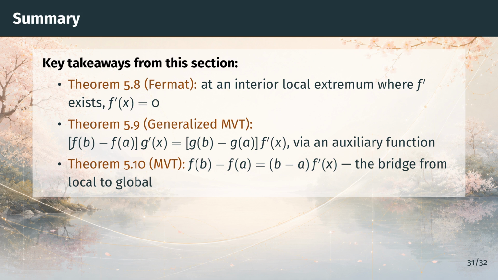Third, the mean value theorem itself, obtained from the generalized version by taking G to be the identity. Somewhere inside the interval, the instantaneous rate of change equals the average rate of change. Geometrically, some tangent is parallel to the secant. This is the bridge between local information about the derivative and global information about the function, and it is arguably the most frequently used theorem of differential calculus.